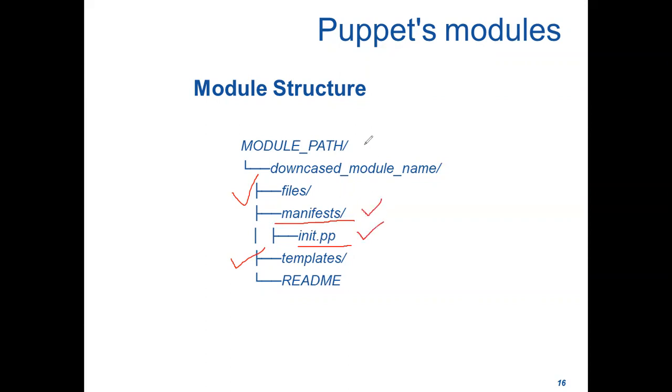In the module structure, you can create multiple folders apart from templates, files, etc. But everything you have to create manually. There are no commands, like knife cookbook create. You don't have that here. Everything you have to create manually, all these folders, etc.